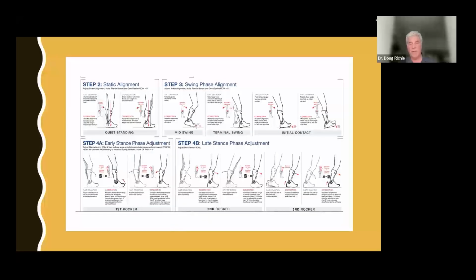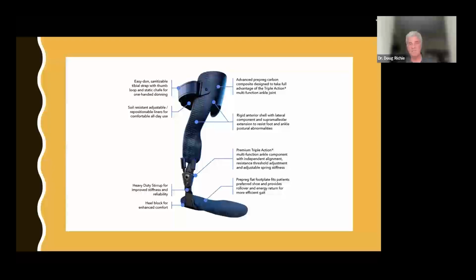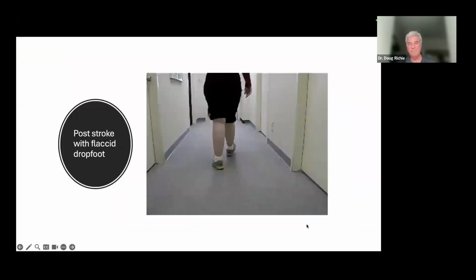And just to let you know, it's out there, and certainly one that we recommend when there's significant proximal instability of the knee and hip, as well as joint contracture and spasticity. So these braces have these very remarkable adjustable joints at the ankle to control the tibia and the hip and the knee.